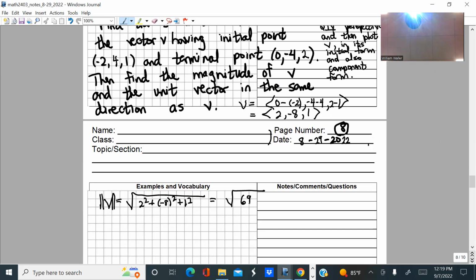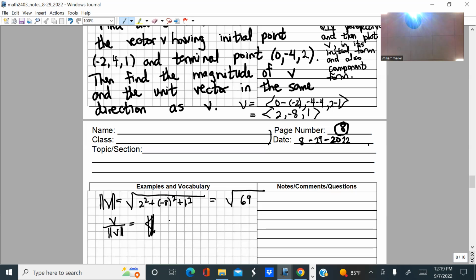And then how do you get a unit vector in the same direction as V? Divide by the magnitude, right? So your unit vector in the same direction as V would be V over the magnitude of V, which is just taking all of those components and dividing them by square root of 69.